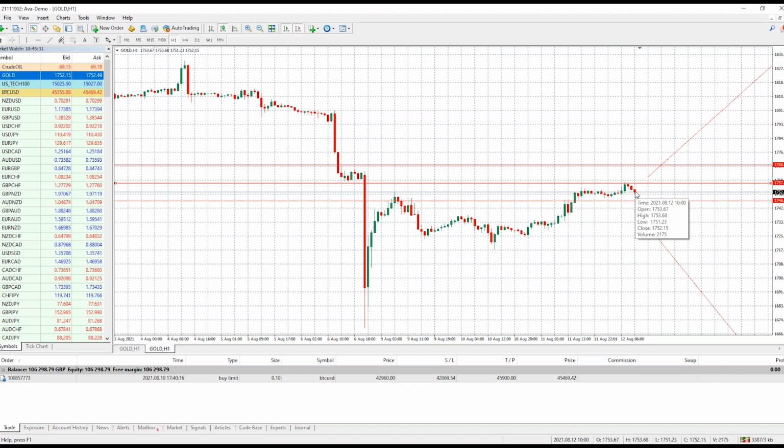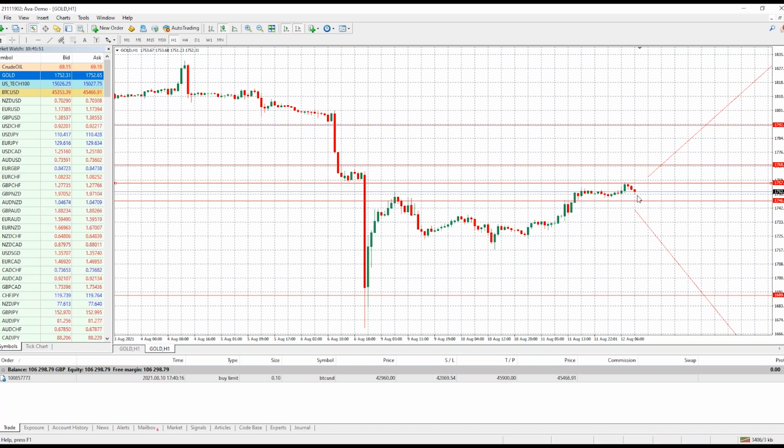And whichever way the news drives gold, whether it's down, it breaks the support, triggers your sell stop, and you're in for a large potential profit, putting your take profit down near the support level that you like, or it breaks through and triggers your buy stop, and you have your take profit up near the next resistance level, with much less risk if it reverses back again compared to potential profit in both cases. Click OK if you're with me on that.